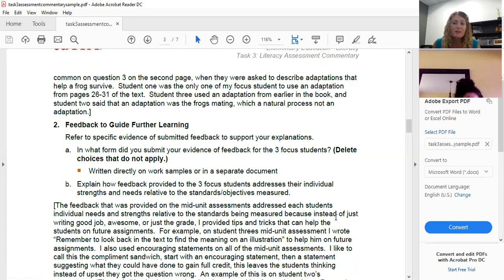And that's one of the expectations we talked about when you're giving students feedback: give them something positive, something they can improve, and also a strategy, how they're going to use this skill in the future. But I like how when this teacher candidate was writing this response, they really spelled it out to the scorers. I did a good job of telling students what they did well, what they need to improve on, and a skill that they can use relative to the essential literacy strategy.